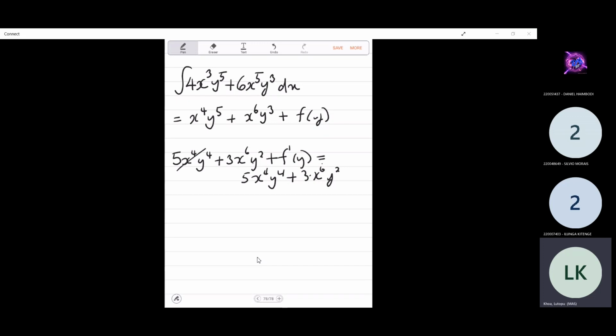So we have f prime of y equal to 0. This means that f of y is equal to c. So our solution will be x to the power of 4, y to the power of 5, plus x to the power of 6, y to the power of 3 is equal to a constant.